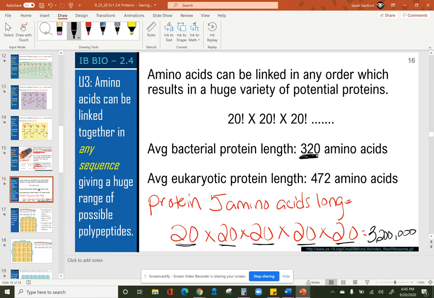So if this is only 5, you can imagine the number of possibilities that you could get with 472 amino acids. And like I said, every protein, its shape is its job. So just with 5 amino acids, there are over 3 million different proteins that could have 3 million different functions.